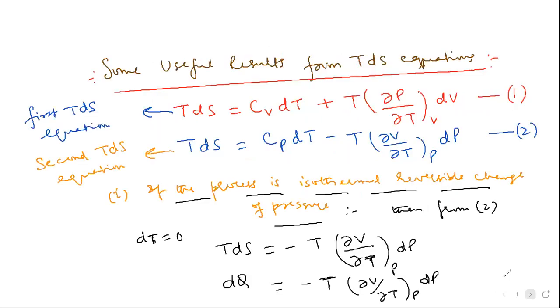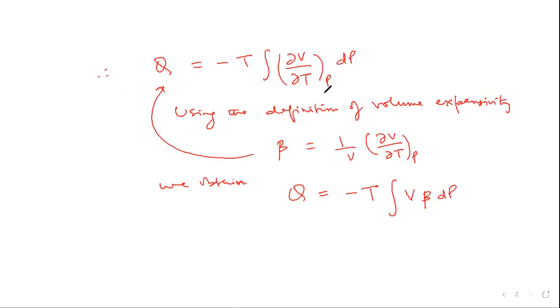This is my equation 3. Q equal to minus T integral V beta dP, which can be integrated when the dependence of V and beta on the pressure is known.